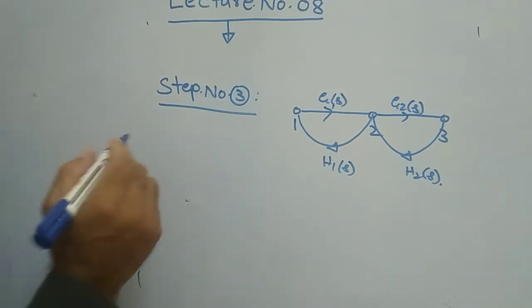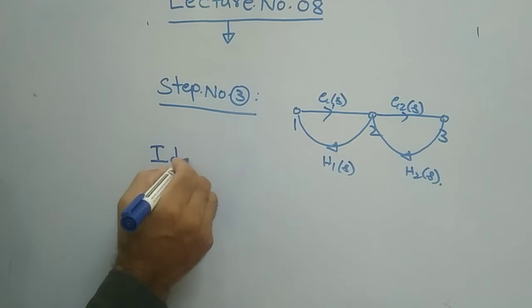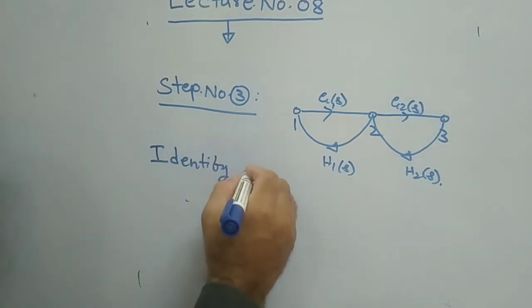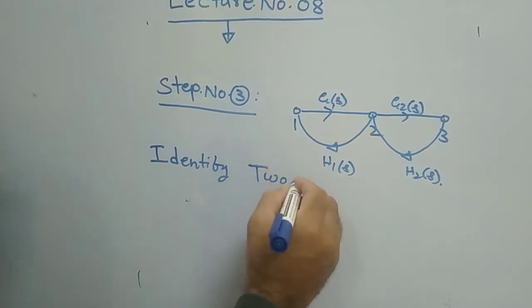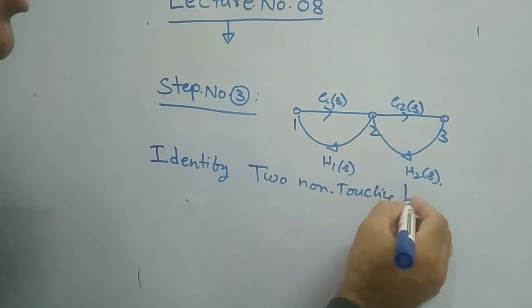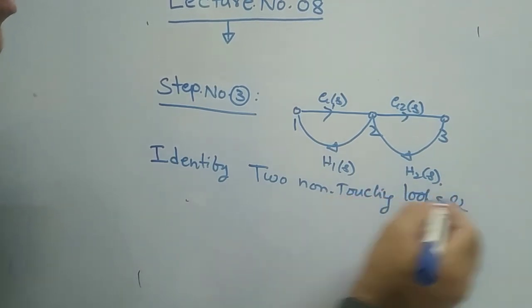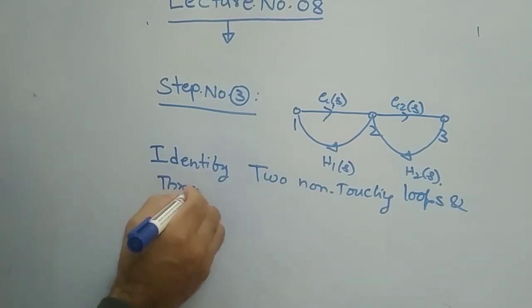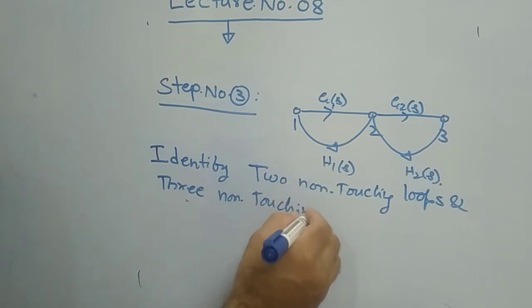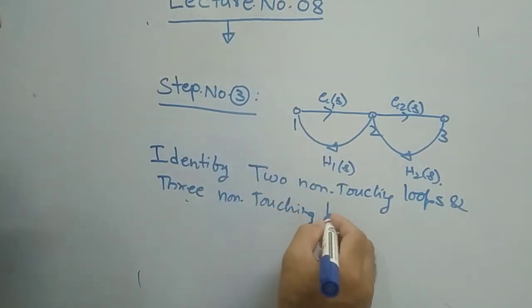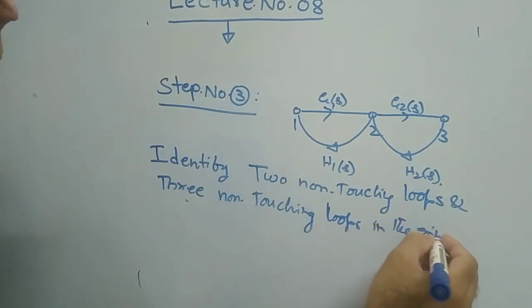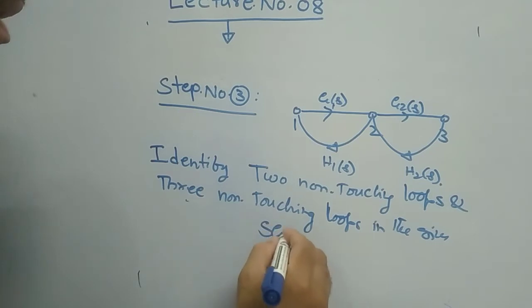Identify two non-touching loops and three non-touching loops in the given signal flow graph, SFG.